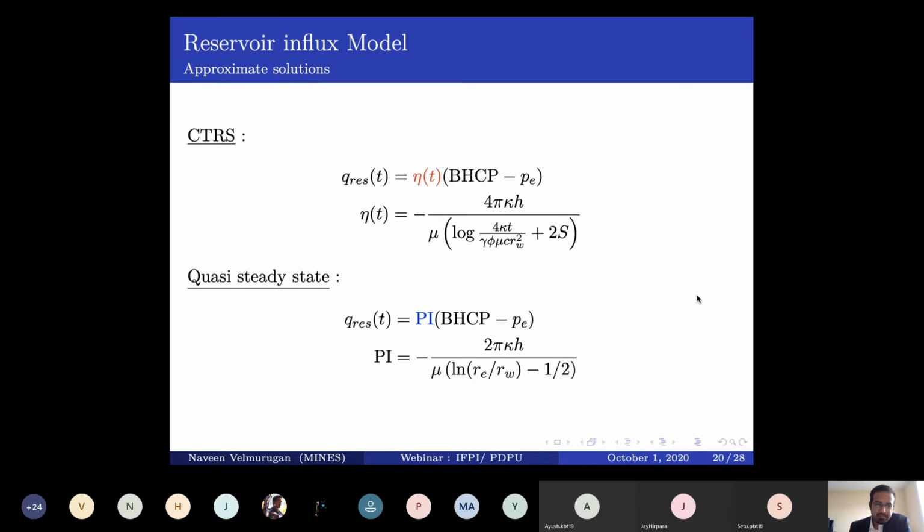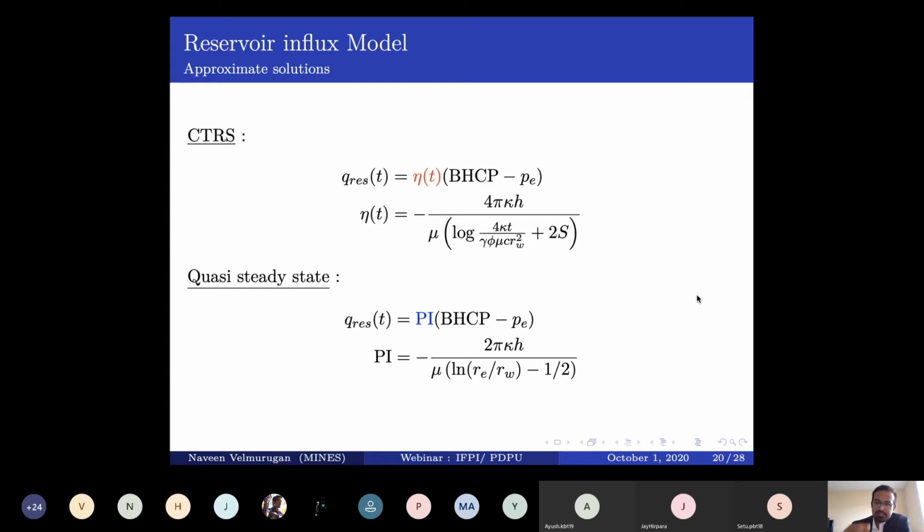And later, when you produce a reservoir for a longer period of time, you can approximate it using a quasi-steady state equation, famously known as the productivity index type relation. That's PI type, right? So PI and eta are different proportionality constants shown here.